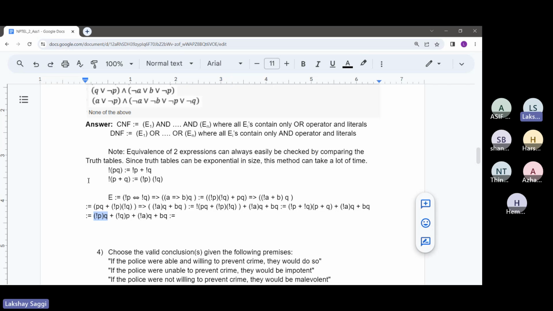So this is actually a DNF form because the literals in these expressions are separated by AND, and on a higher level, all of these expressions are separated by ORs, which was the definition of a DNF form.